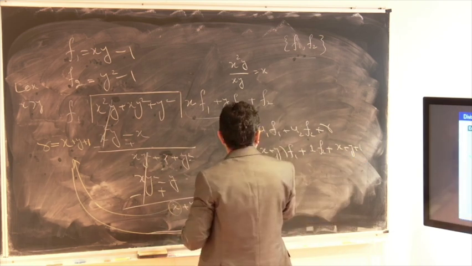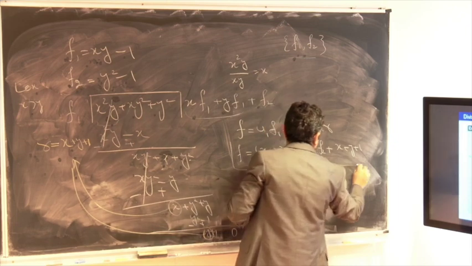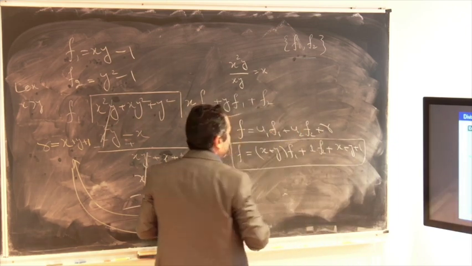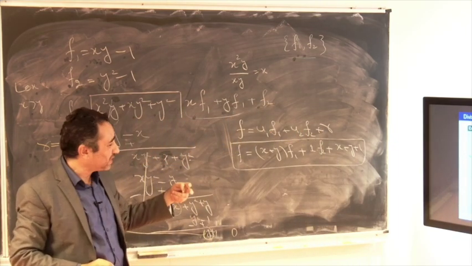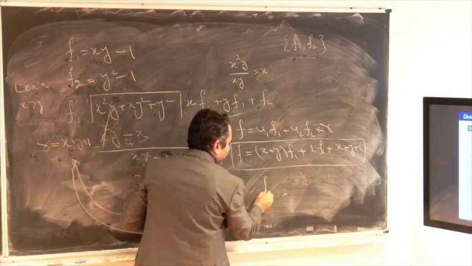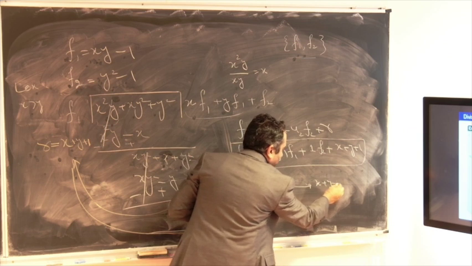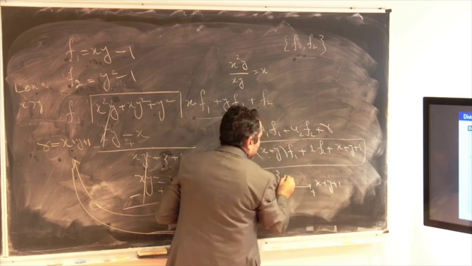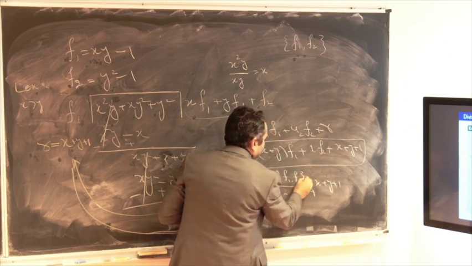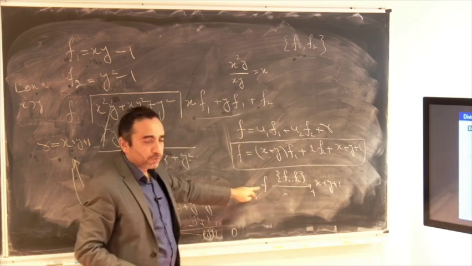So here we have this division, and by the same notation we can say that f is reduced to r, which in this case is x plus y plus 1, with respect to f1, using this f1 and f2. This is the notation we were talking about.